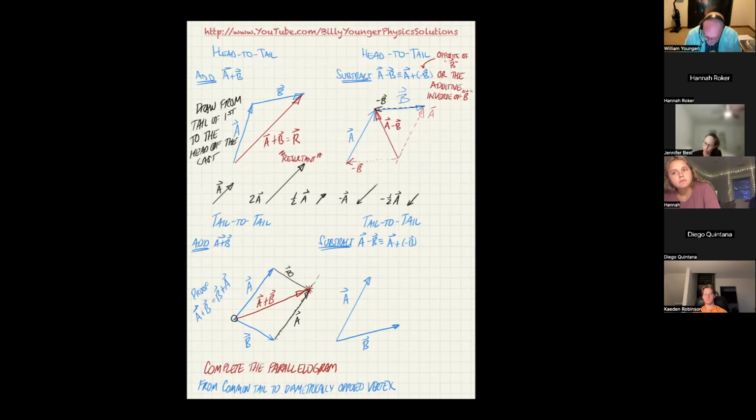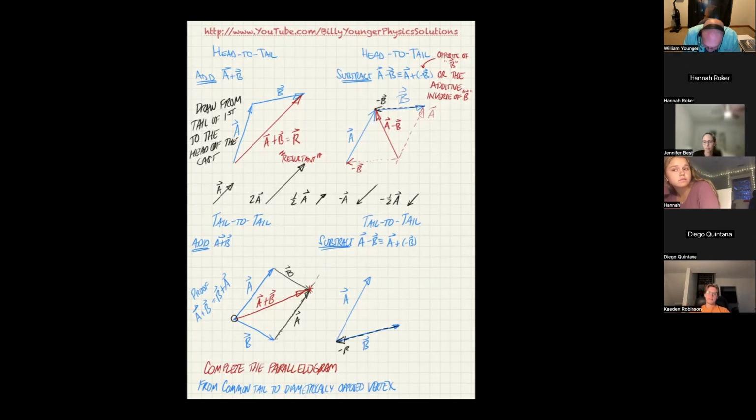Now, what if we try to subtract vectors, only this time they're tail to tail? So if we subtract vectors tail to tail, again, the first thing I'm going to do is draw negative B. So I'm going to draw a black line right along B, and I'm going to put the head pointing in the opposite direction.